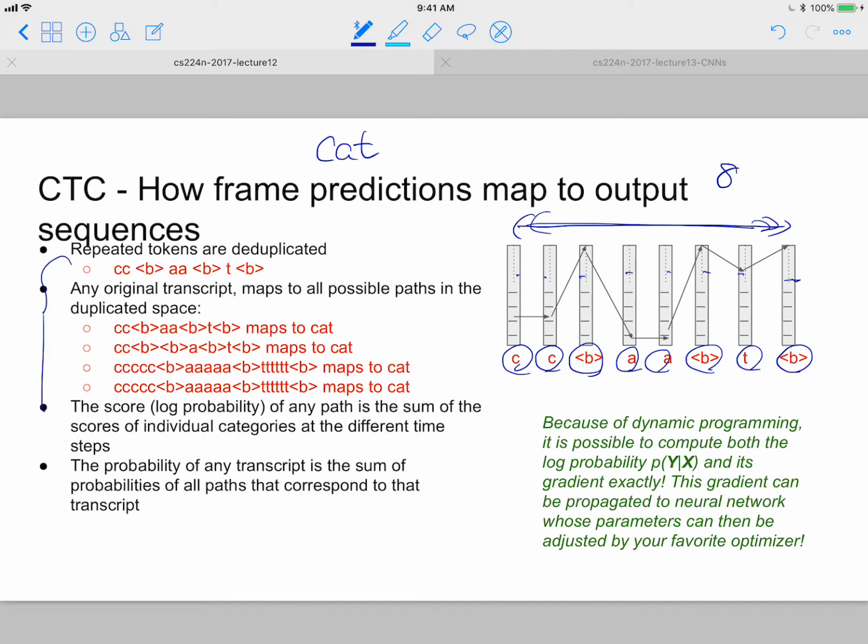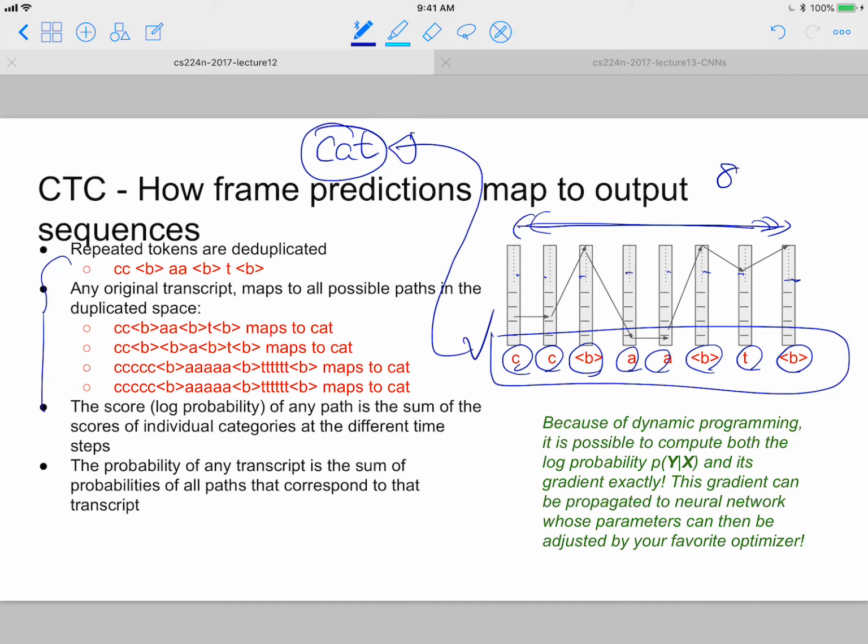So which one is first? This one is first or this one is first? I mean, is this one first determined and then reduced to cat, or is this one expanded to that one?